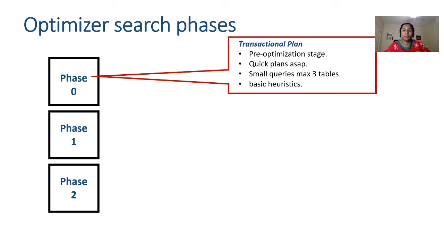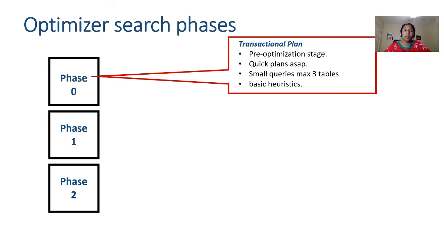The pre-optimization stage consists of the components from the first step of the relational engine, like we discussed before, right? The parser, binder, simplification and the trivial plan. Those components come under the pre-optimization stage. That means the trivial plans are generated here.